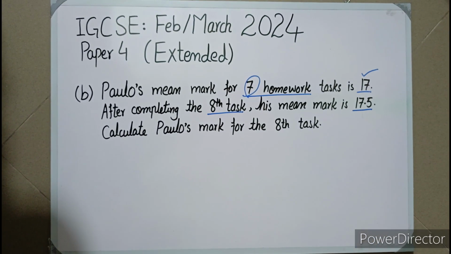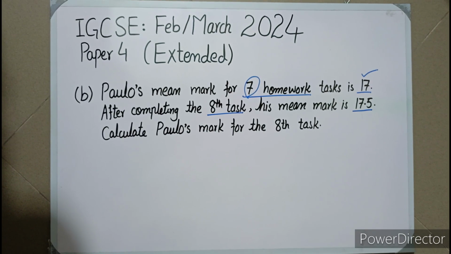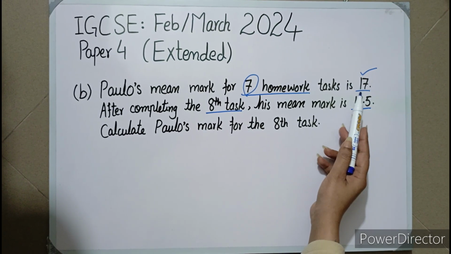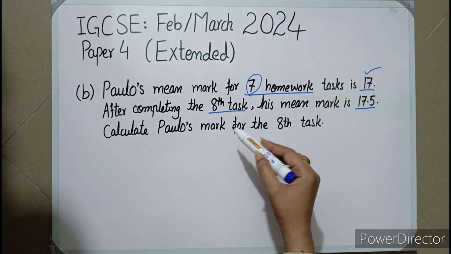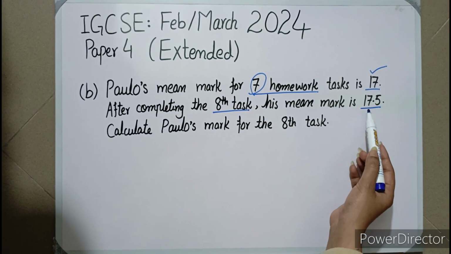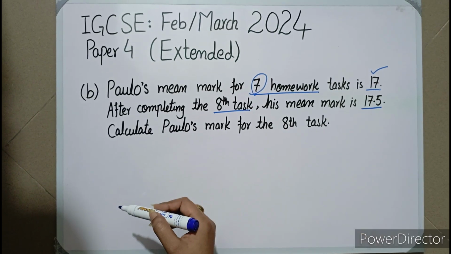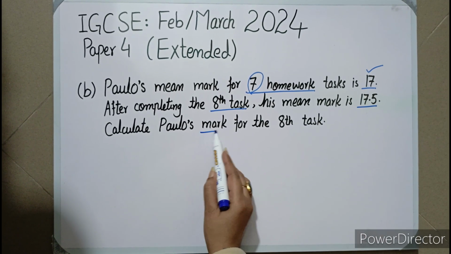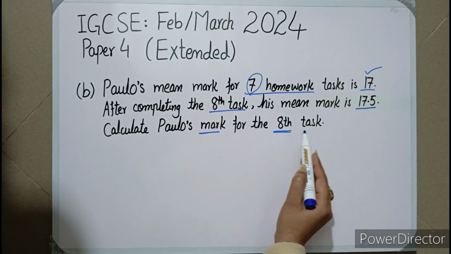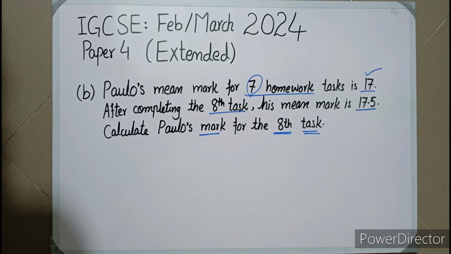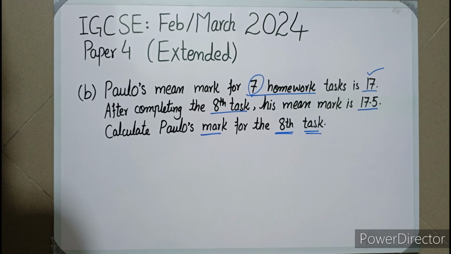When he had done homework for 7 subjects, he had a mean of 17, whereas when he added another subject, the 8th task, his mean becomes 17.5. What is he asking for? Calculate Paul's marks for the 8th task. You have to tell him what Paul's marks were in the 8th task.